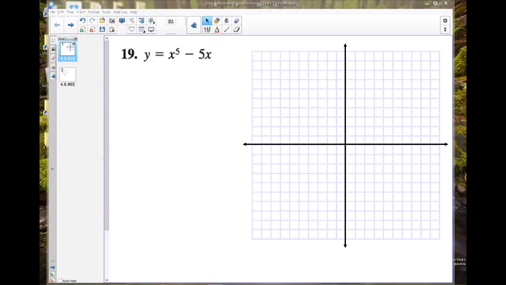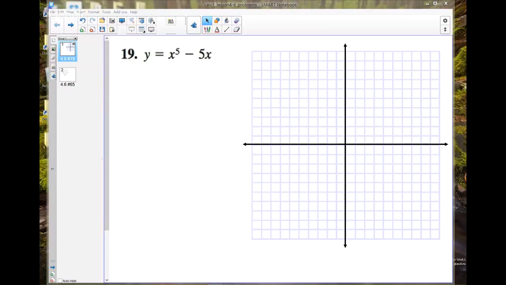First of all, number 19 gives you this function and it says, make use of all of your algebra and calculus tools in order to find what this function looks like, to basically come up with the graph. So we've got to start someplace. This particular function looks fairly simple.